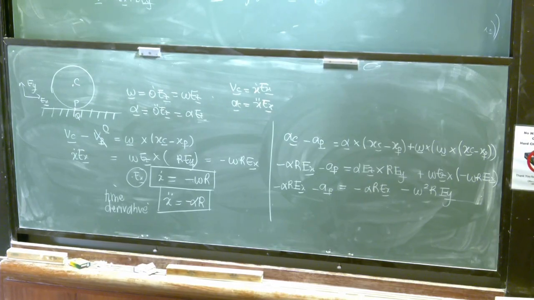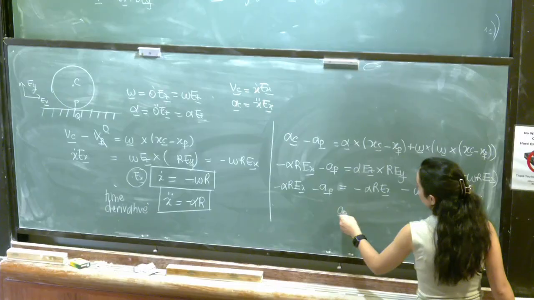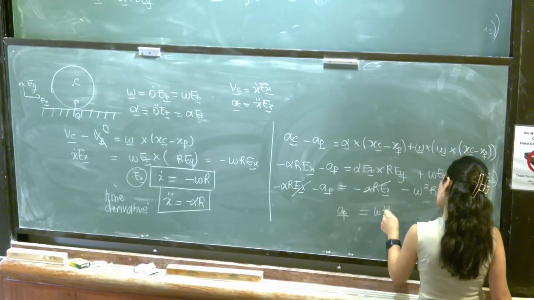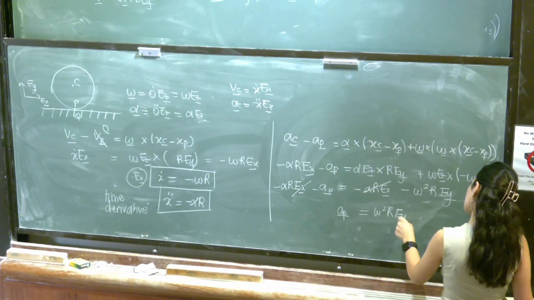Okay. What does this mean? What is AP here? AP, so this term and this term are the same. AP is omega squared R EY.